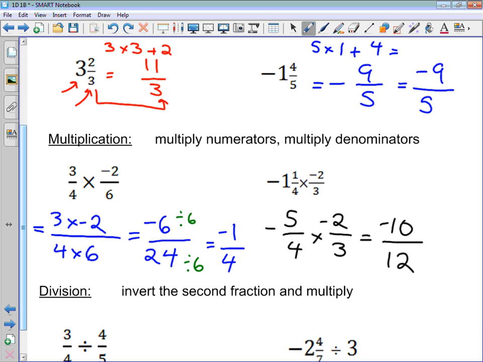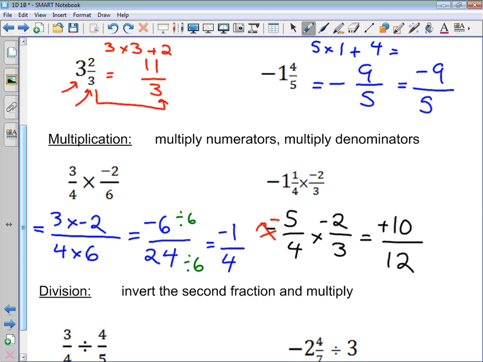What I like to do is take it and move it up here. Okay, so take it away from here, move it up into the numerator. Then our numerator would be negative 5 times negative 2, which would give us positive 10. Let me just rewrite that. Positive 10. Okay, so get in the habit of moving that negative sign up into the numerator.